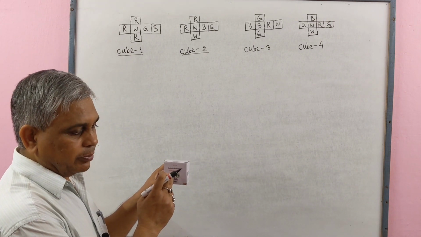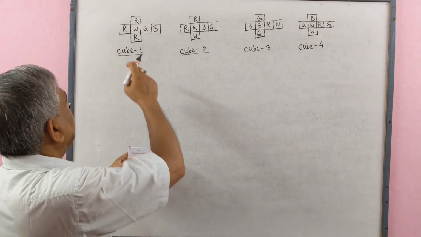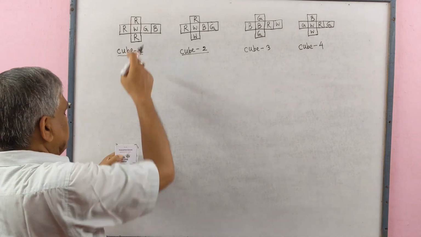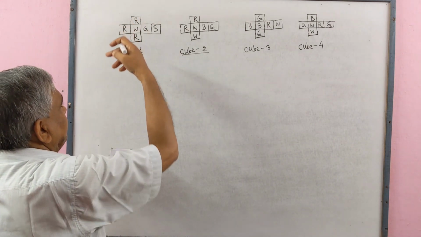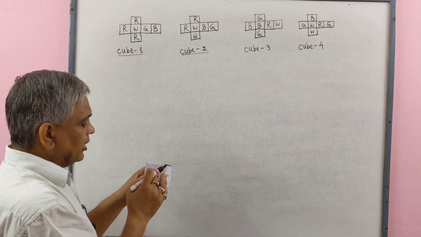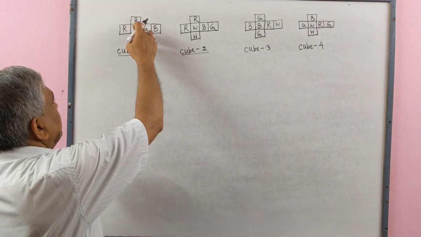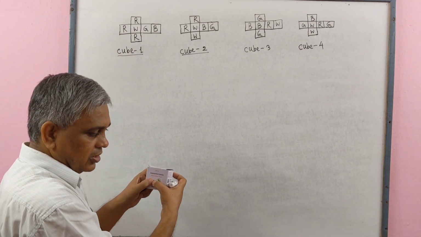If the front is a color, let us say W is front, and B is the color of the back face, then we draw the edge from W to B, opposite faces.